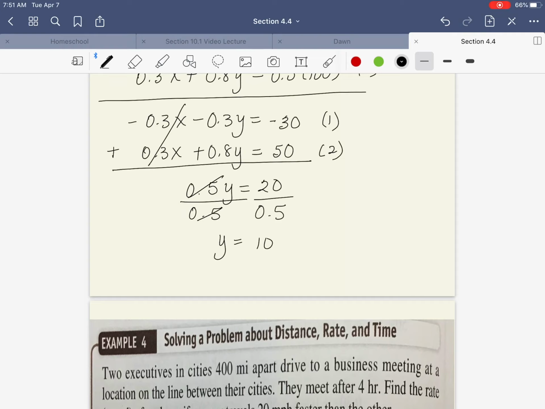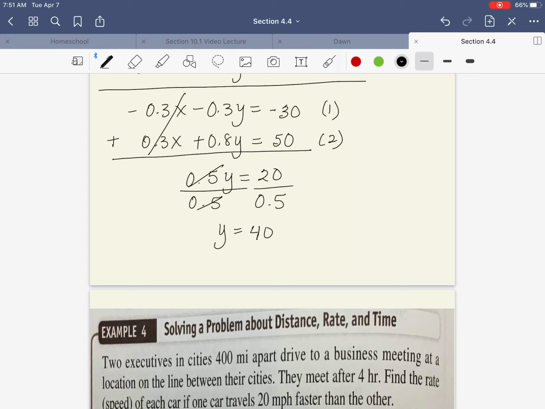Not 10, 40. Yes, because it's 20 divided by a half. Let me do it right here. If you take 20 and you divide it by a half, that's the same as 20 times 2, which is 40. So sorry about that.